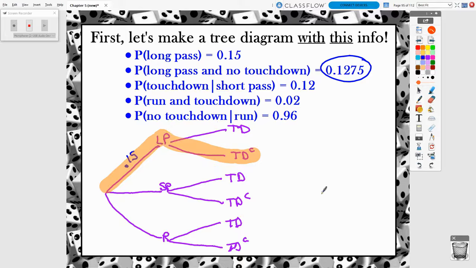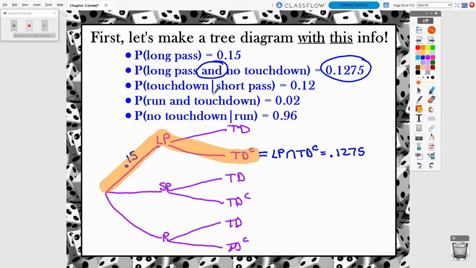So where does this 12.75% go? It belongs at the end of this overall branch. So again, this represents the long pass and they did not score a touchdown. That represents this 0.1275. So if you've got that in there, that means you are at the very end of a branch.